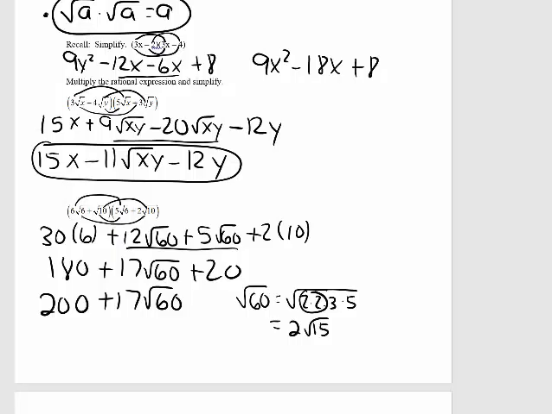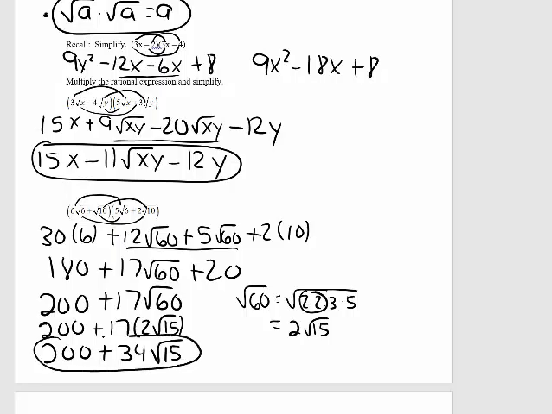In this case, when we pull out the perfect roots, I have 2 times the square root of 15. So, replace. And 17 times 2 is 34. Don't forget the square root of 15. These are not like terms here. We're done.